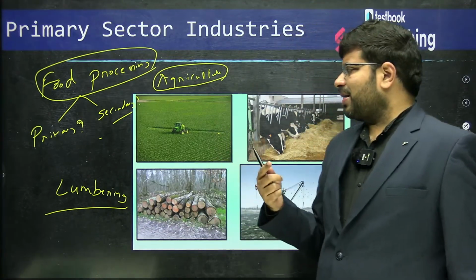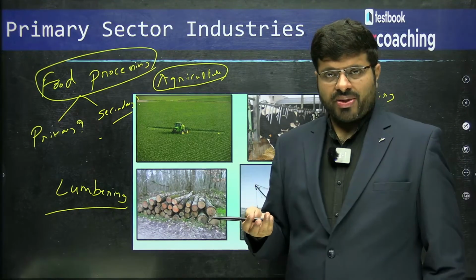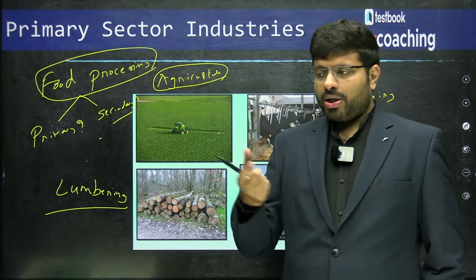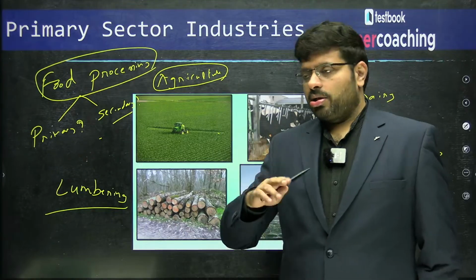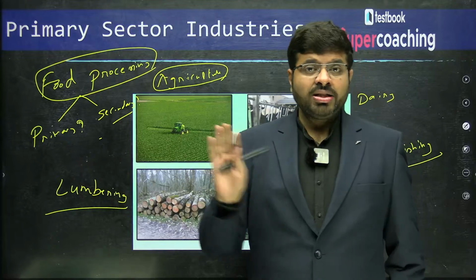Usually primary sector industries are very raw, not much of a significance. For example, when I say honey bee industry, you collect the honey, you provide it directly, you don't bring much changes. Yes, there are some adulteration techniques, but that is different in general.